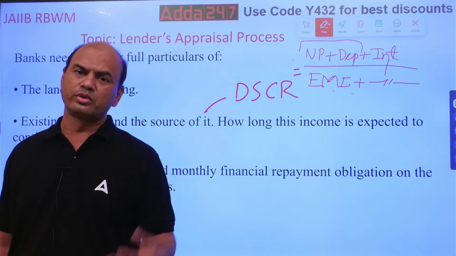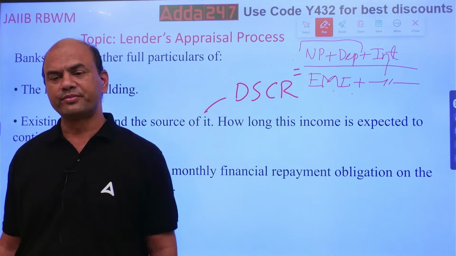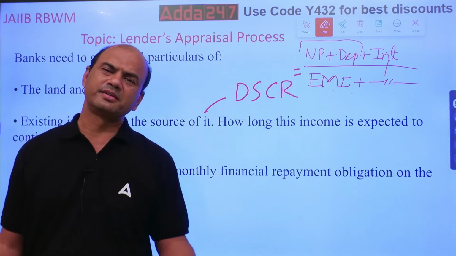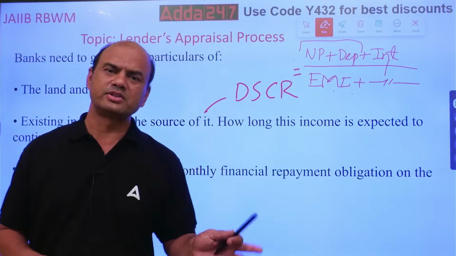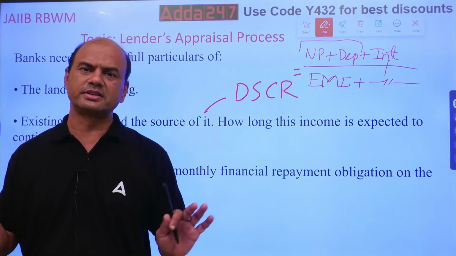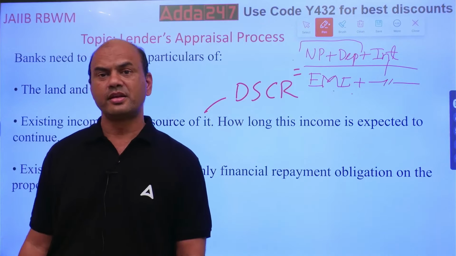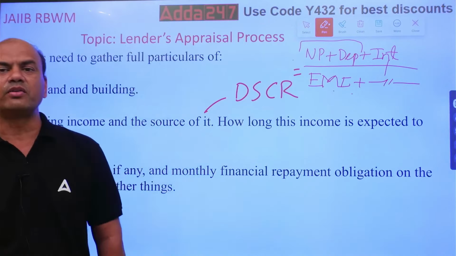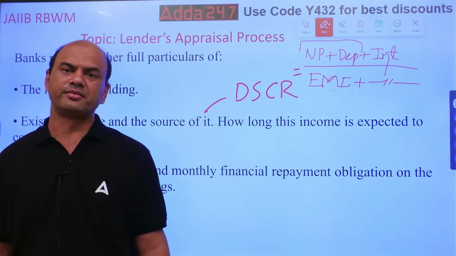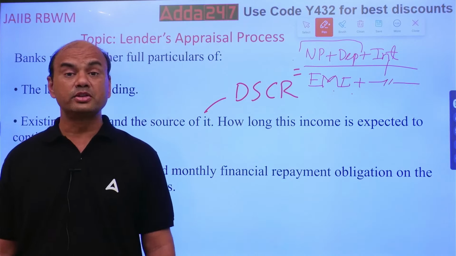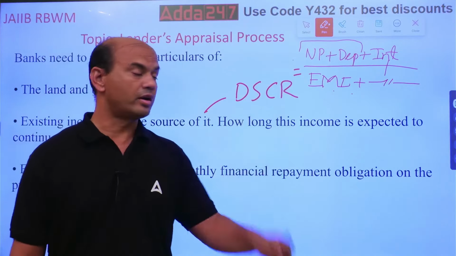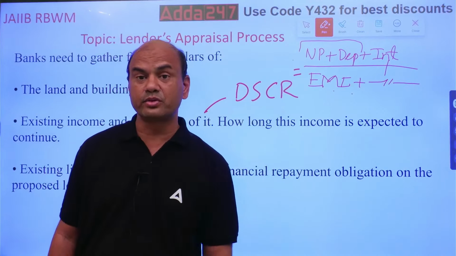Earlier, before 2000, once in a job, people stayed up to 58 or 60 years, no problem, and then there was pension. Now everything is unstable. No permanent job concept. So how long the income is going to continue is also important.